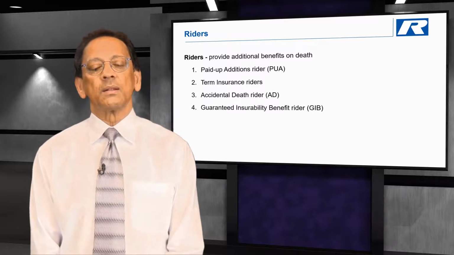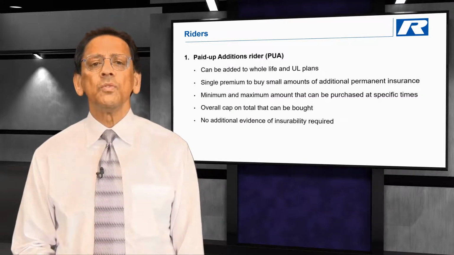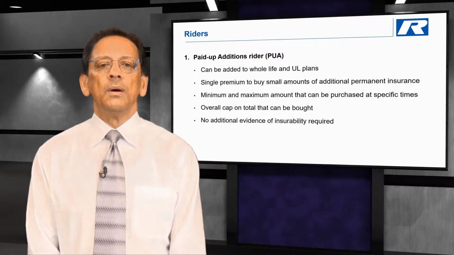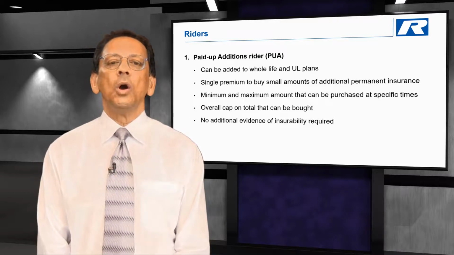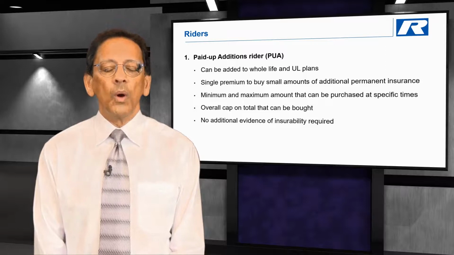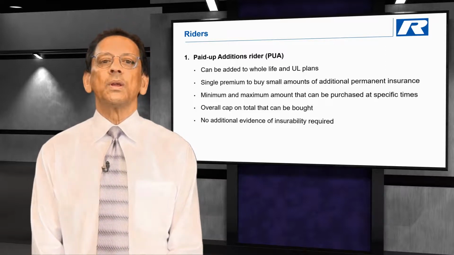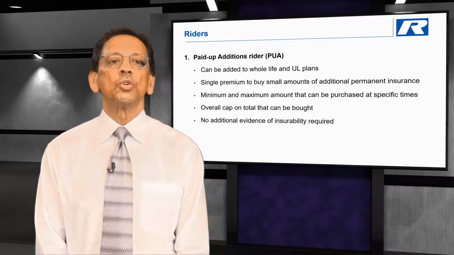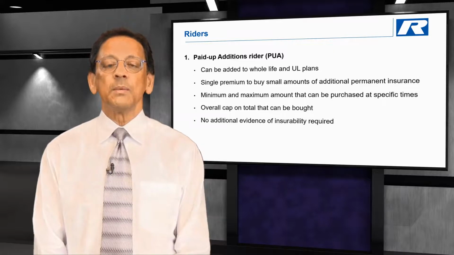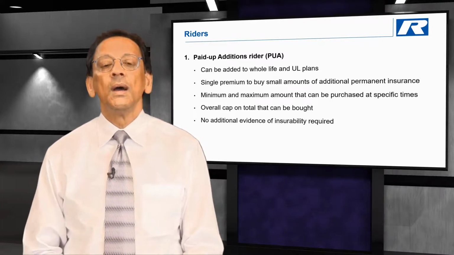So let's look at 4 common riders. First of all, paid up additions rider. You may recall when we talked about participating whole life insurance, I said to you that one of the options with the dividends that you receive on a participating whole life policy is that you can buy additional insurance, same as your base plan, additional paid up additional insurance.